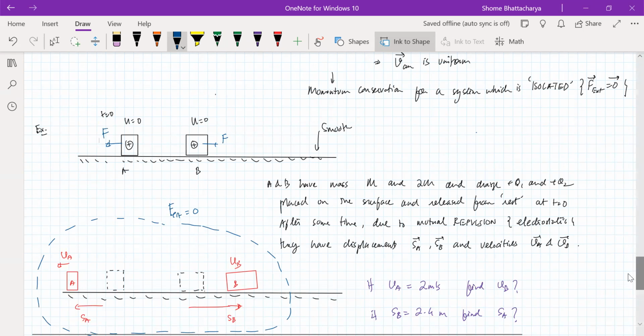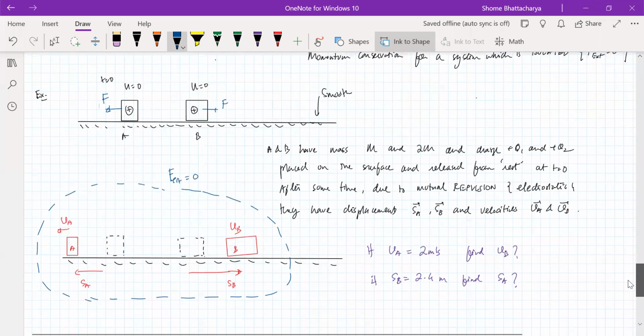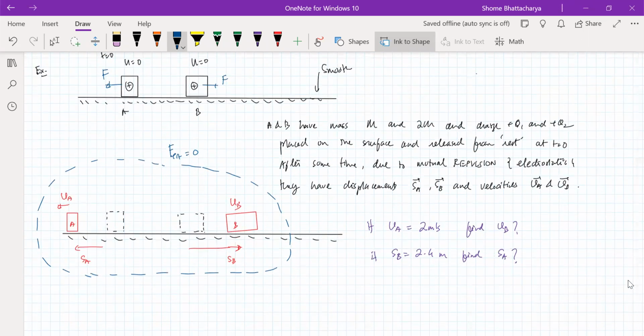Because the system started from rest, the velocity of the center of mass is 0, and it should remain 0.